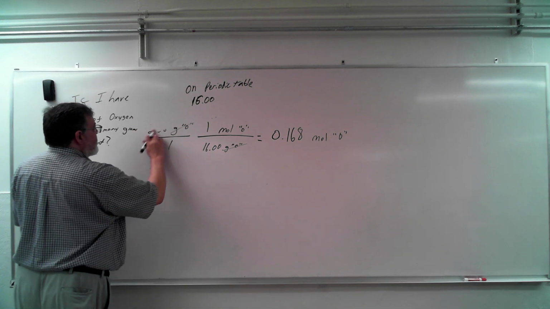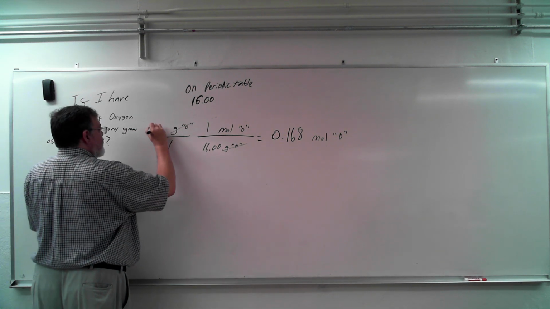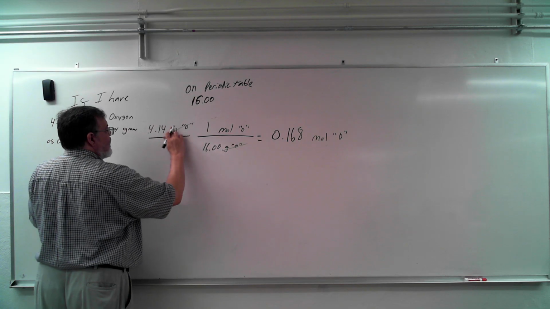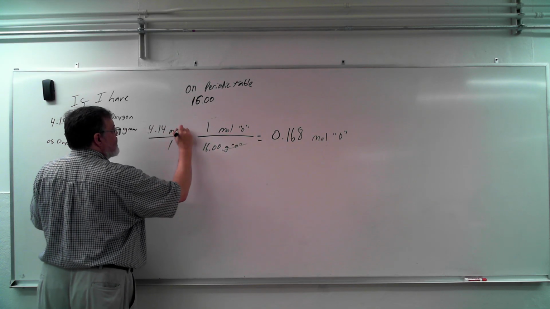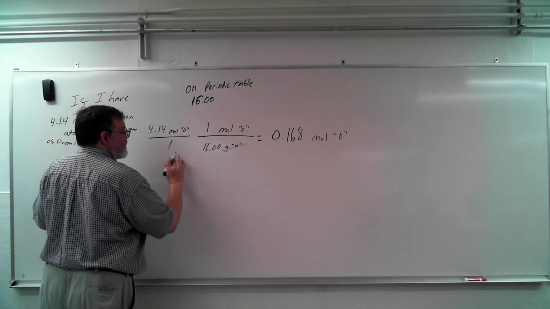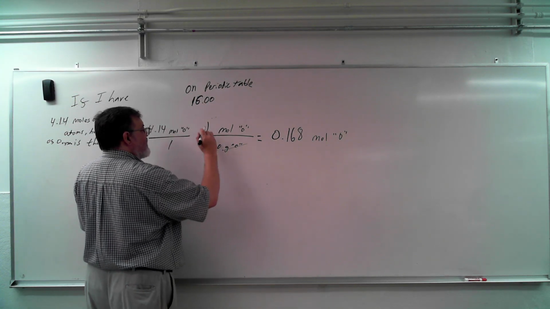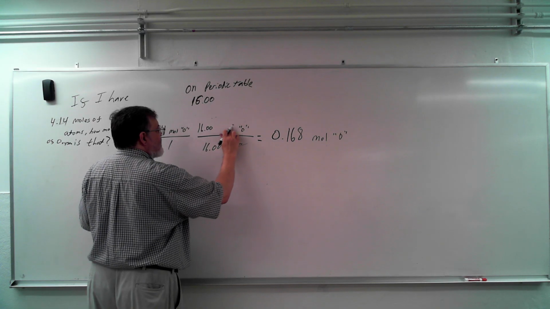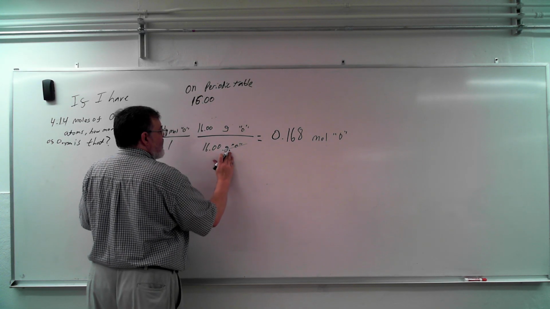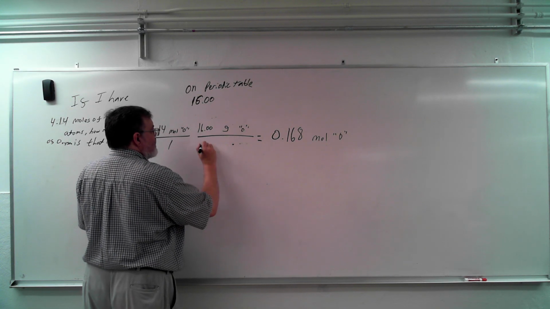This time, I'm going to put the number here, 4.14 moles of oxygen over 1. And now I'm going to flip this over. 16.00 grams goes on top, and the 1 mole goes on the bottom.